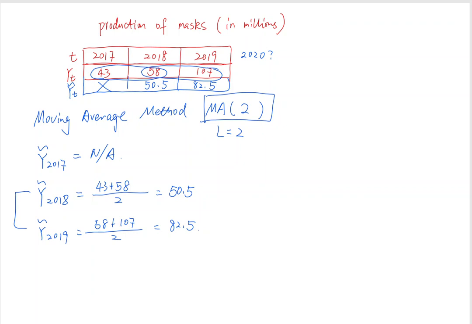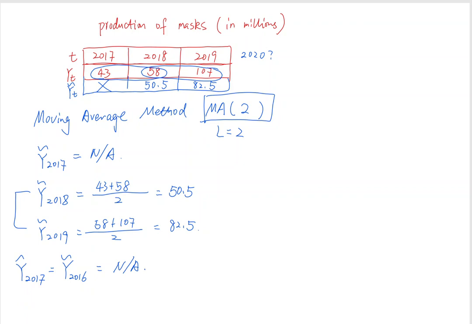Based on the estimated values, we can get the predicted values. What is the predicted value for 2017? By the formula, to predict 2017 you need the estimated value of 2016, but you do not have it, so not applicable.